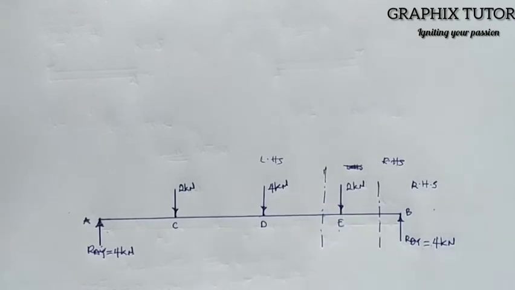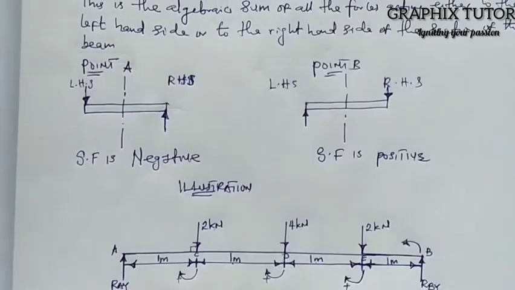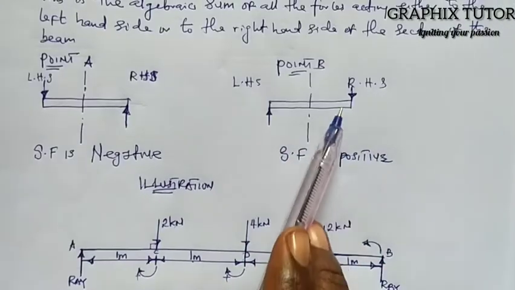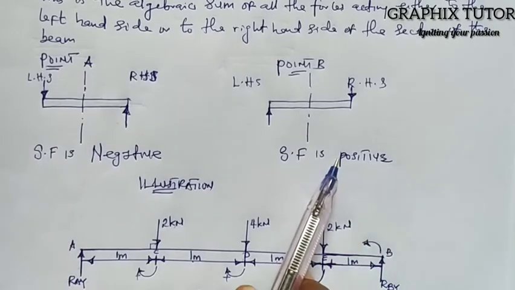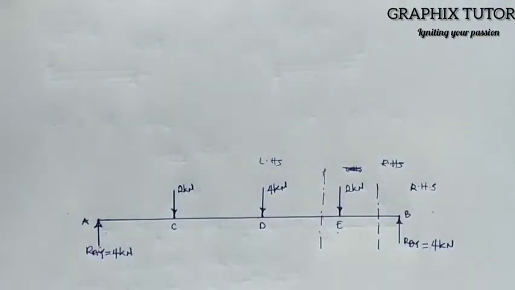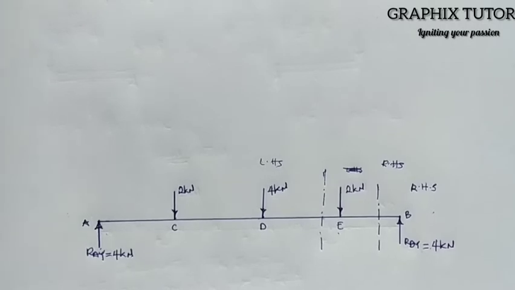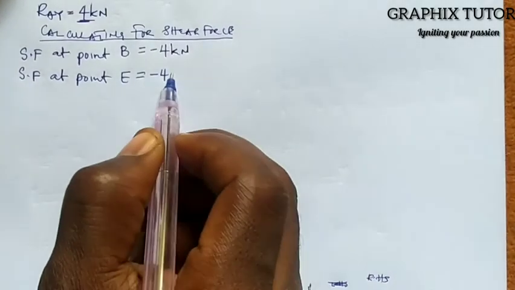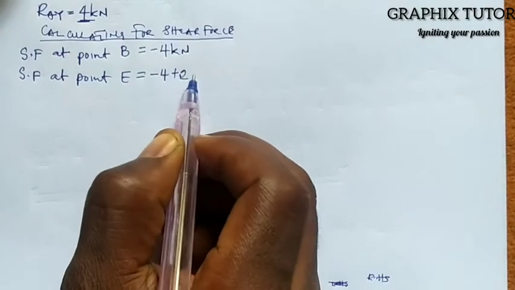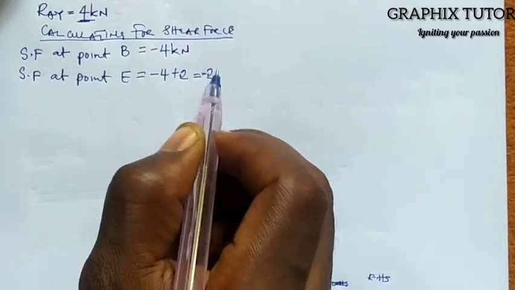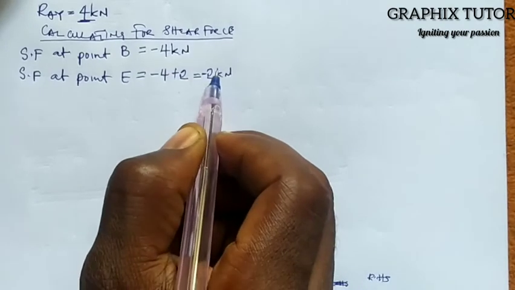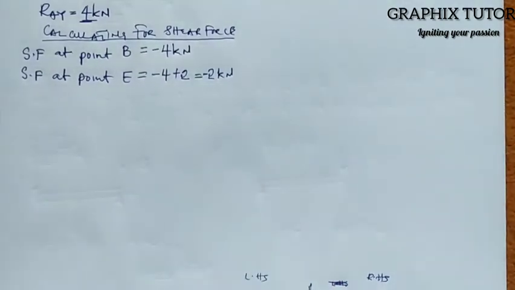And I said when it is facing down at the right hand side, that will be what? Positive. So we're having -4 plus this 2, right? So we have -4 plus 2. So we'll be having a value to be what? -2 kilonewton, right? So that's what we're having.